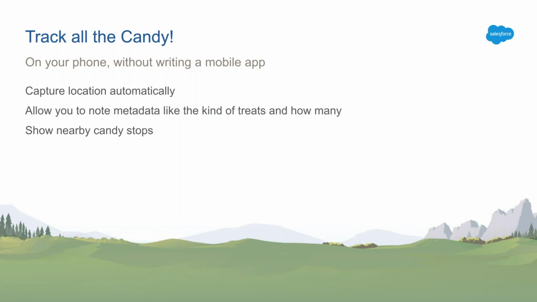Then you can capture your location as you're walking around trick-or-treating tonight, and take metadata down, like what kind of treats they gave you, how many, etc. We'll also look at past years' candy stops and let you know what nearby candy stops are. Like last year, oh, this house had the good stuff. So you'll be able to pull up a map and see that as you plan your route.